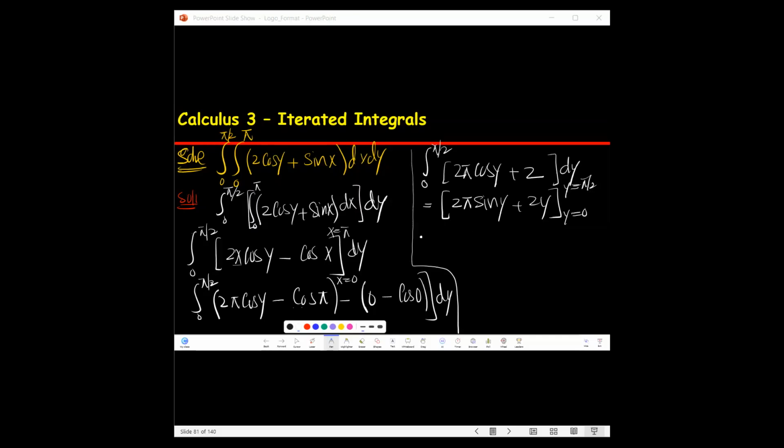Here if I substitute the value, it's going to be 2 pi sine pi by 2, which is 1, plus 2 divided by 2, so there's going to be cancelling, so only pi left.